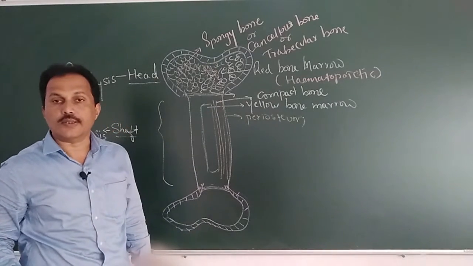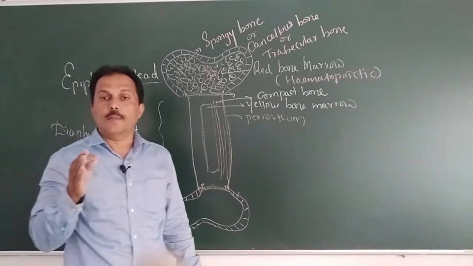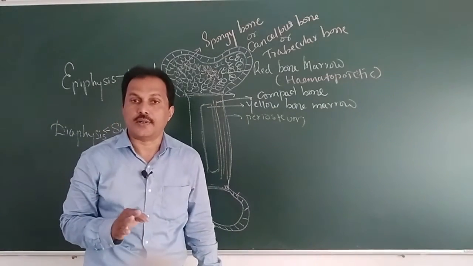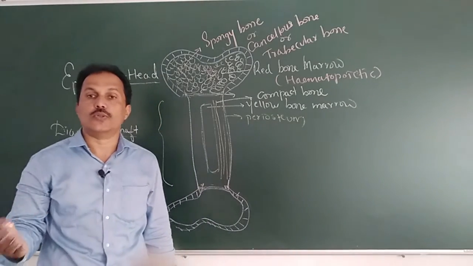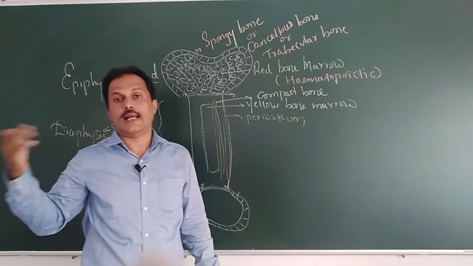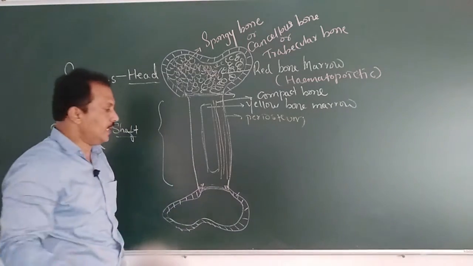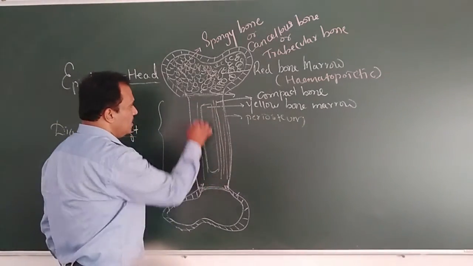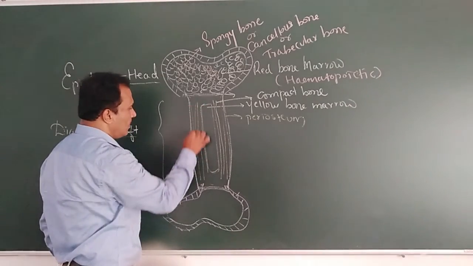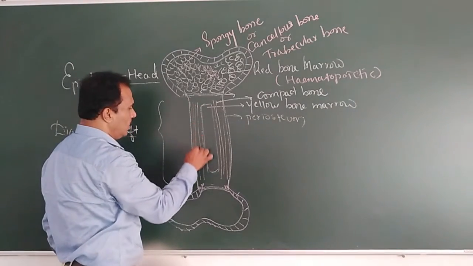These are the canals through which blood vessels are running, nerves are running. Blood vessels include the arteries as well as veins. They are running through these canals and they are supplying blood to the bone.